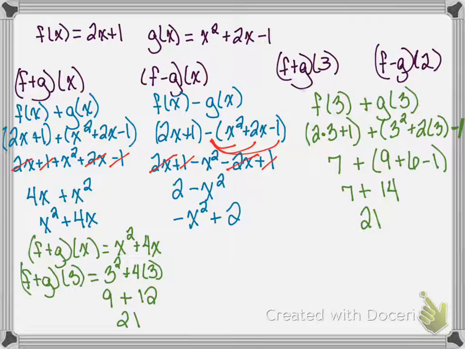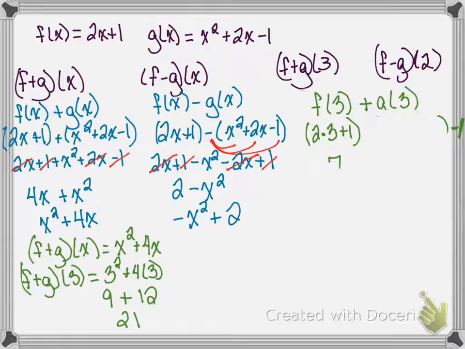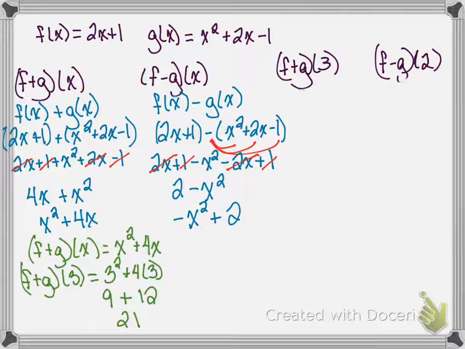Now, the plus and the minus with the numbers takes a little bit more space, so I need to erase the green on the right-hand side. Has everybody got that written down? So that was f of 3 plus g of 3. Now, we are going to do f minus g of 2. So that is f of 2 minus g of 2.